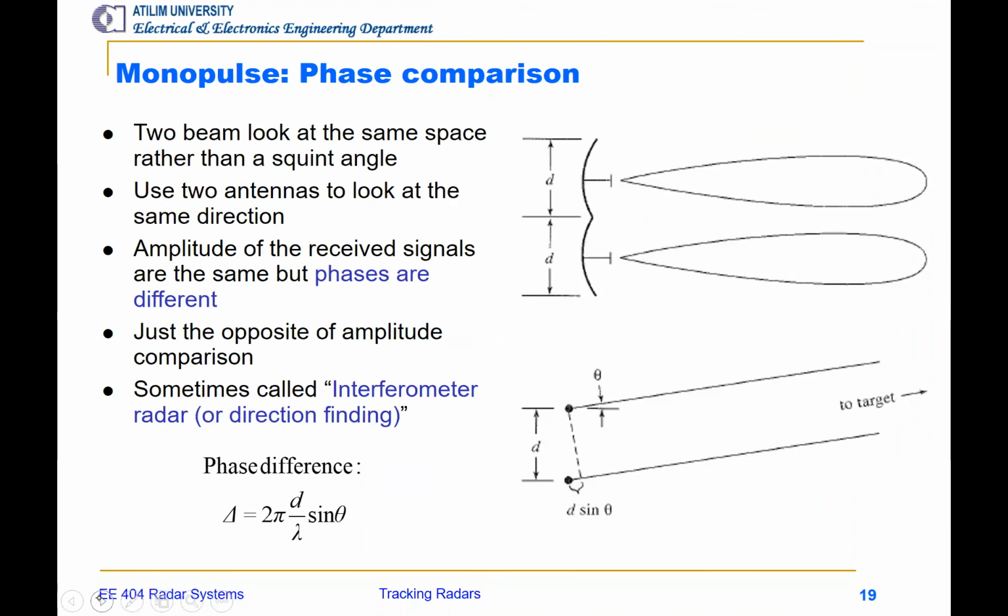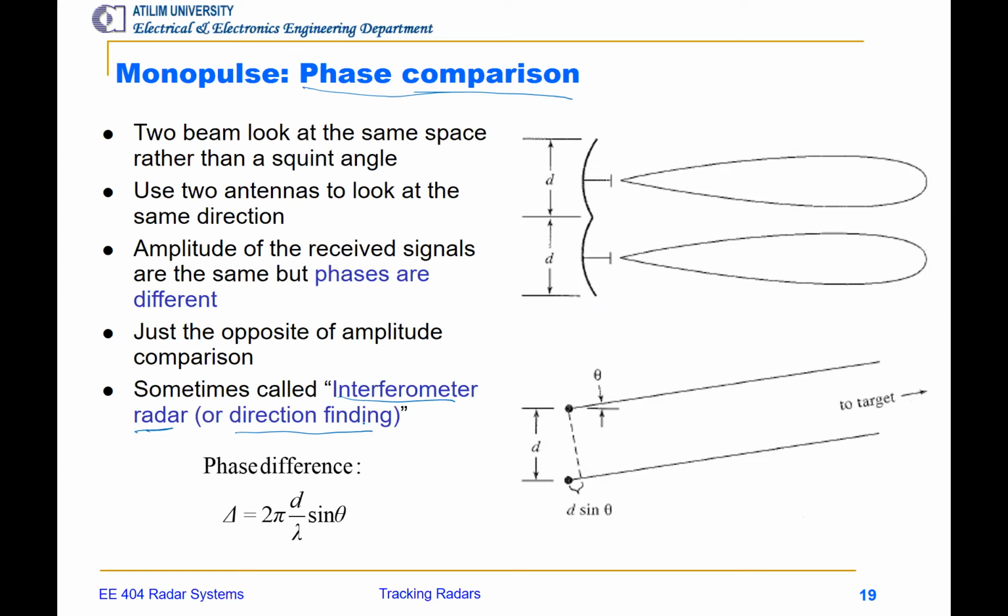It was amplitude comparison that we have discussed in previous slides. Now let's see phase comparison. So instead of the signal amplitudes, in phase comparison monopulse we use the phase of the signal. And this is sometimes called interferometer radar or direction finding system.